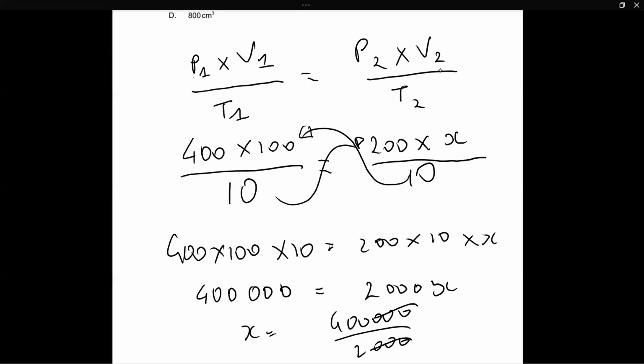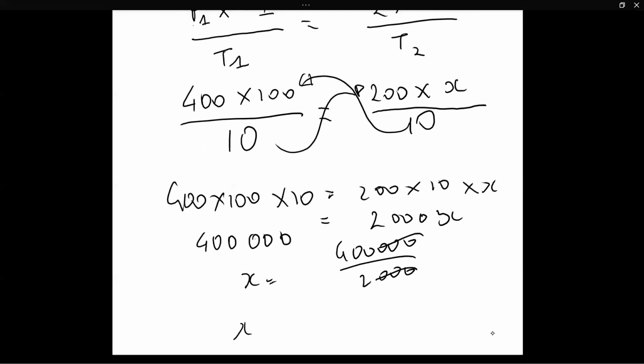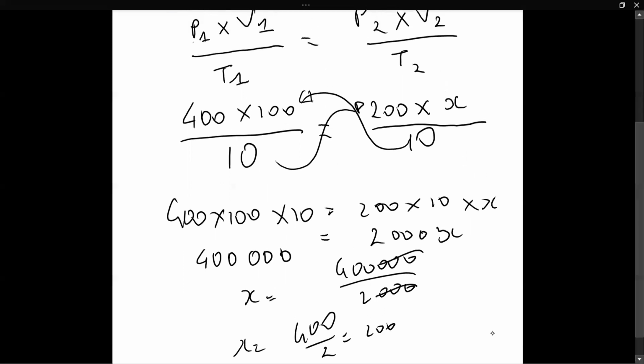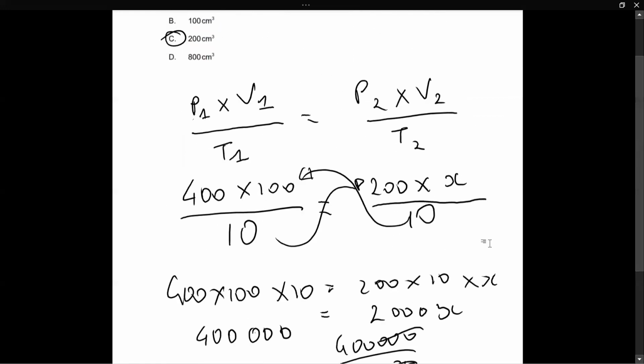Cancel the zeros, that leaves us with X is equal to 400 divided by 2, which is equal to 200. And do we have a 200? Yes, we do. That is answer number C.